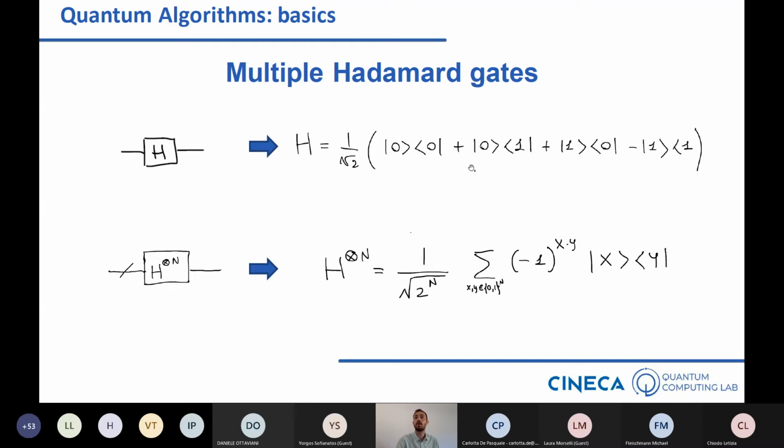It's a sum over all possibilities, all x and y belonging to {0,1}^n, multiplied by (-1)^(x·y). What does it mean? Only when the two multiply and you get 1 in the exponent, you get -1, like in this case.